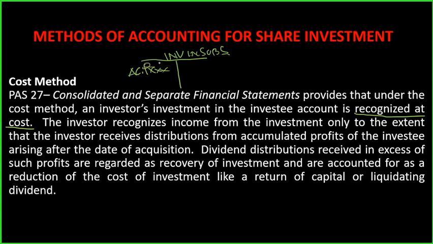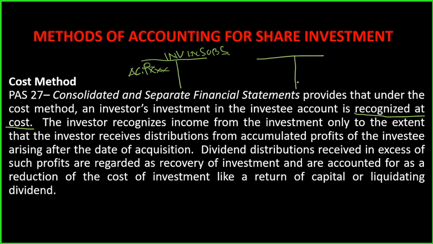The investor recognizes income from the investment only to the extent that the investor receives distributions from accumulated profits of the investee arising after the date of acquisition. So what does that mean?